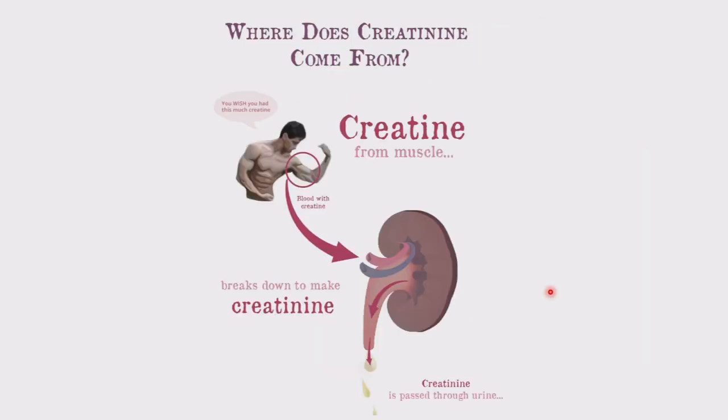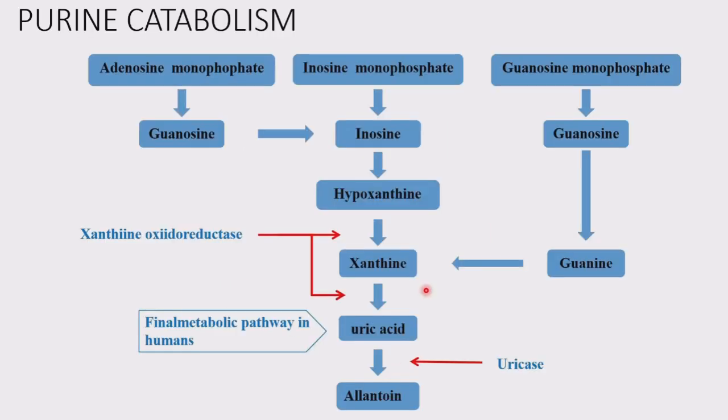Next metabolic product is creatinine. Creatinine comes from creatine and phosphocreatine. These two metabolic products generate ATP or energy during exercise. Then over time, your creatine and phosphocreatine get converted into creatinine, which will be excreted by your kidney as urine.